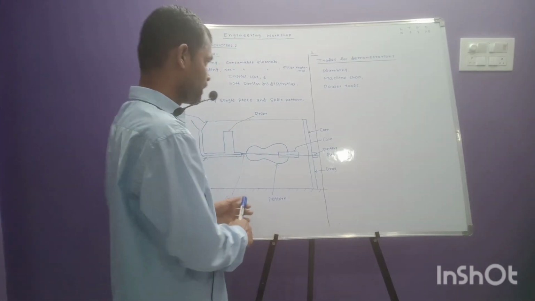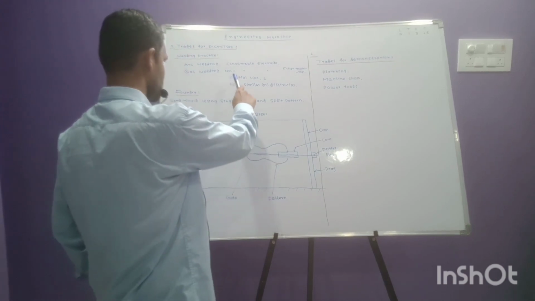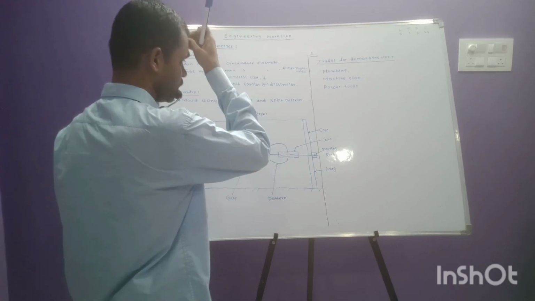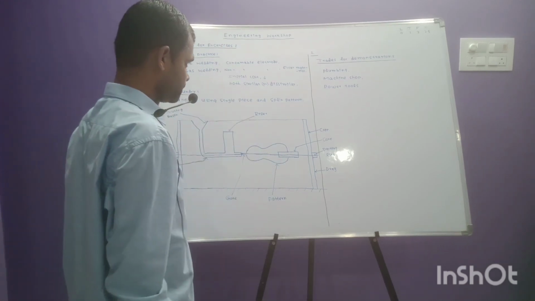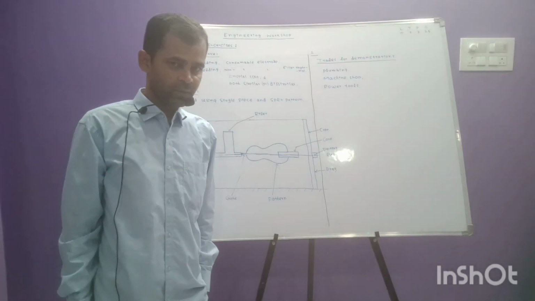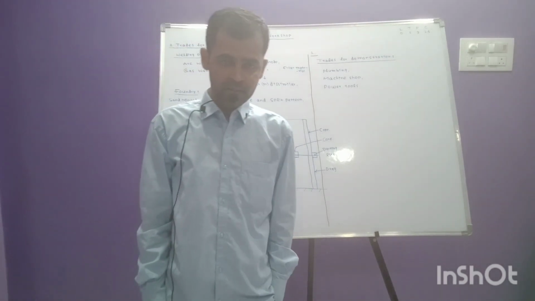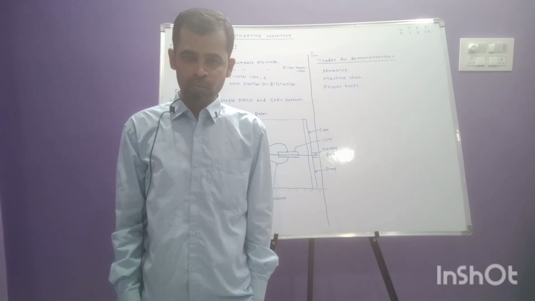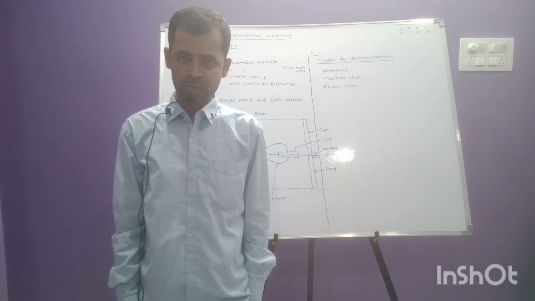Whereas in gas welding, a non-consumable electrode is used, and a filler material is used. Initially, hydrogen or acetylene is combined with oxygen to make the combustion, so that a flame is produced in gas welding.